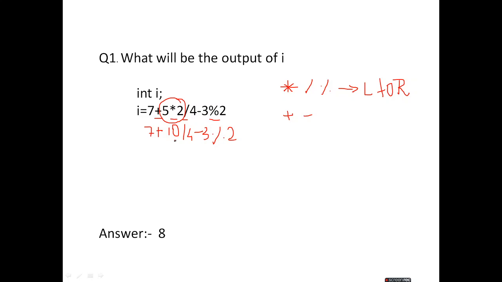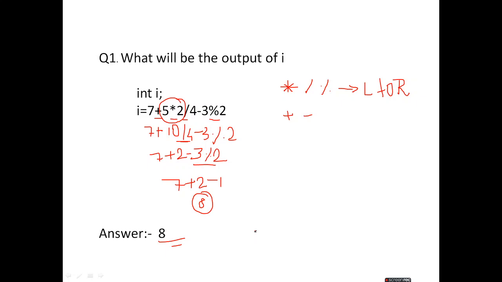The next step is to evaluate the division operator. 10 / 4 is equal to 2 because it gives the quotient, that is 2, minus 3 % 2. Next we perform the modulus operation, which gives us the remainder. So 7 + 2 - 1, we get the remainder as 1. So 7 + 2, that is 9, minus 1 is equal to 8. So our answer is 8.